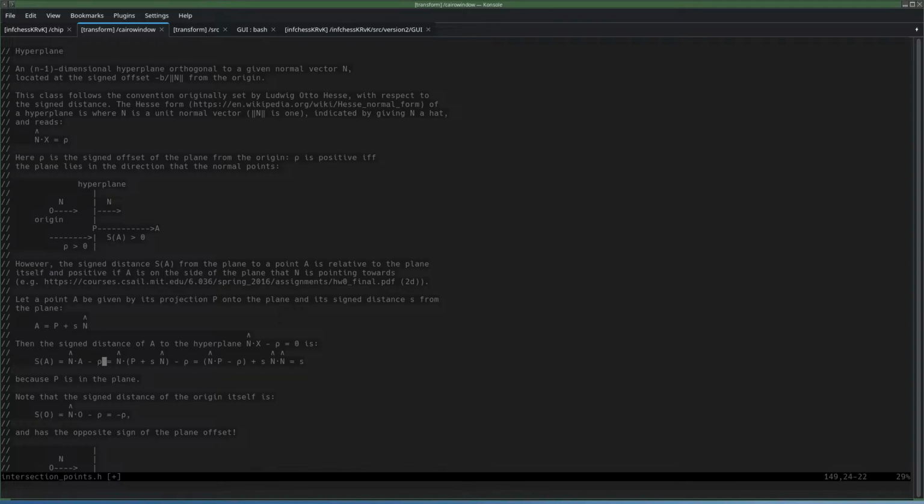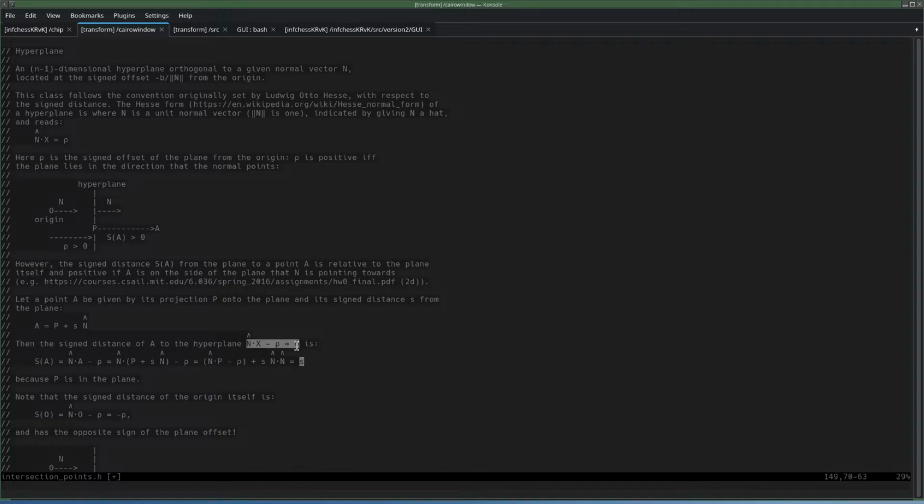And why is that the case? Well, because if we fill in A, we fill in P plus S n head, still minus rho, multiply the n in, distribute n, I guess, so we get n head dot P, still minus rho, plus S n head dot n head, which is S, because, well, P is in the plane, so this is 0.